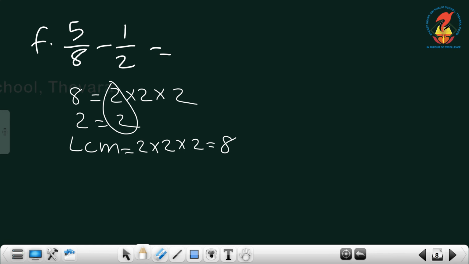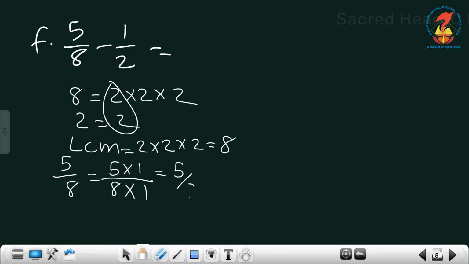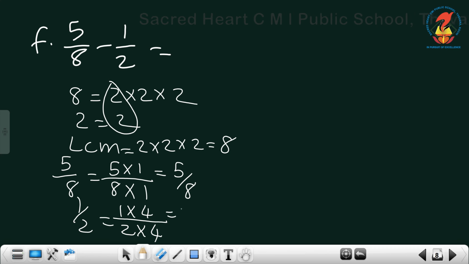And 5 by 8 will become what? Here nothing will happen because the denominator and LCM are both the same. So 5 by 8 itself, and 1 by 2 will become what? 2 into 4 and 1 into 4, that is 4 by 8.